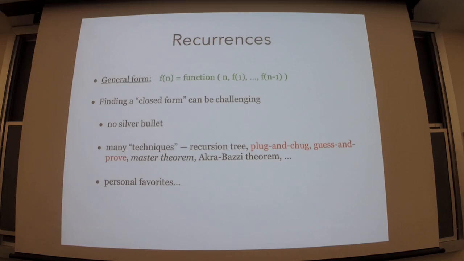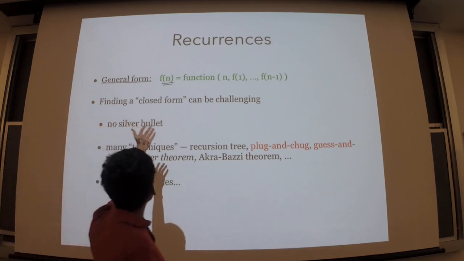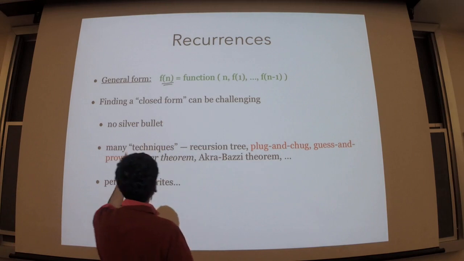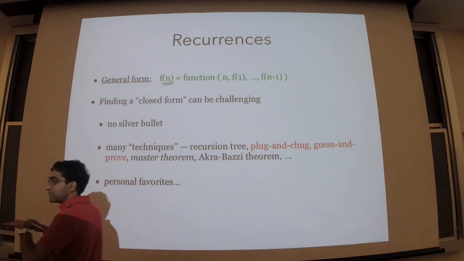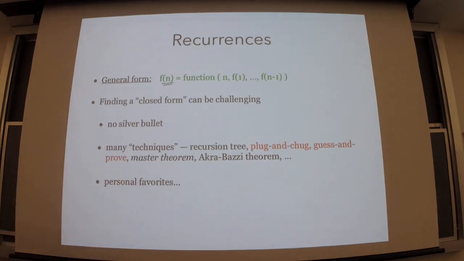The general form is you have some function of n, in this case T of n, defined in terms of f of 1, f of 2, up to f of n minus 1. You define the function value at n as a function of the function values at integers less than n. This is the most general form of a recurrence equation.